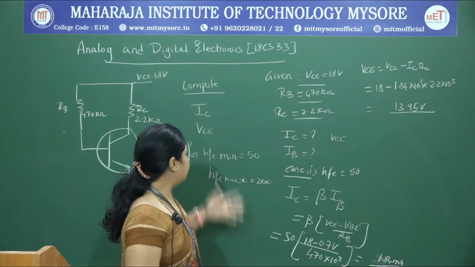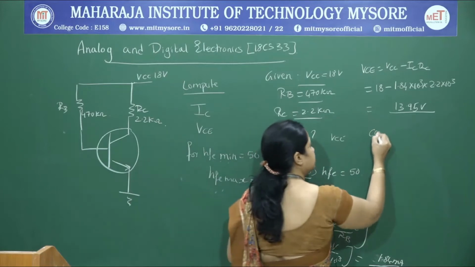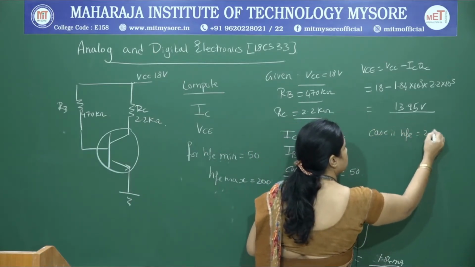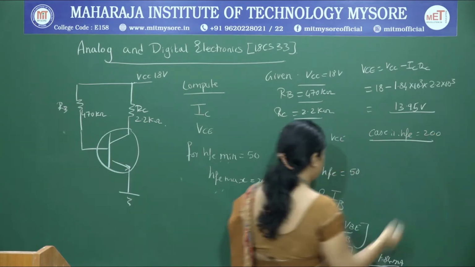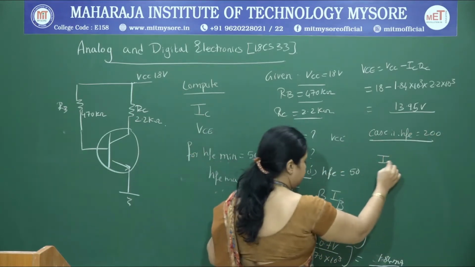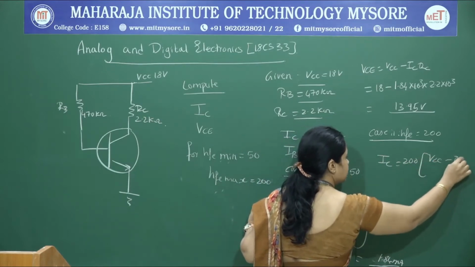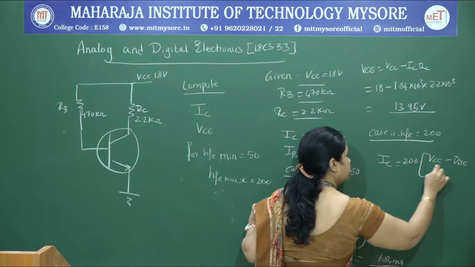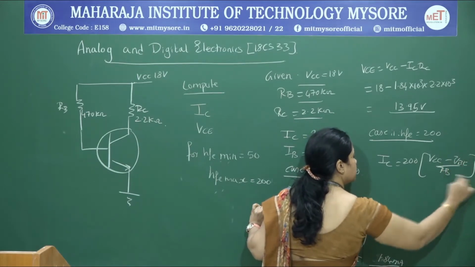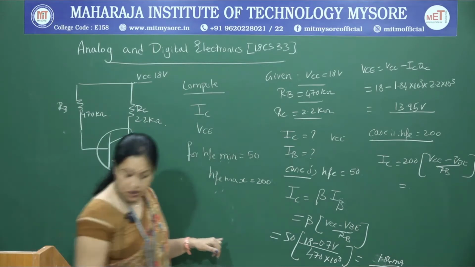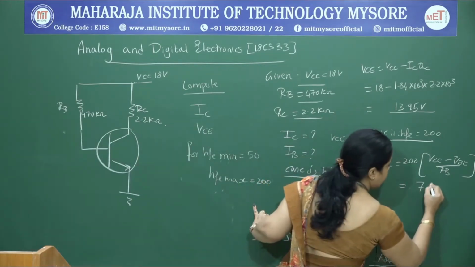Now I will repeat the same steps for a gain of 200. Assume the gain is 200. IC becomes 200 times VCC minus VBE by RB. Substitute the values and you end up getting a value of 7.36 milliamps.